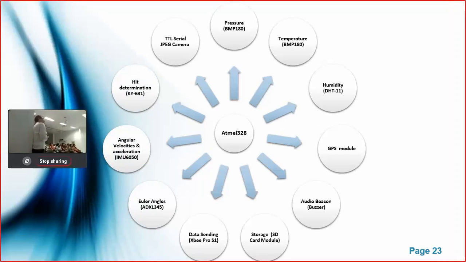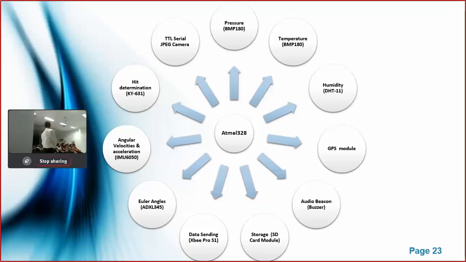In our CANSAT, there are several modules. Firstly, we have the ATmega, which is the Atmel 328, an AVR microcontroller that we used with Arduino. We also have the pressure sensor, the temperature sensor, the humidity sensor, the GPS module, the audio, and the storage, which is an SD card module.